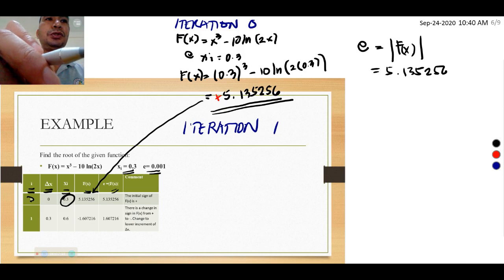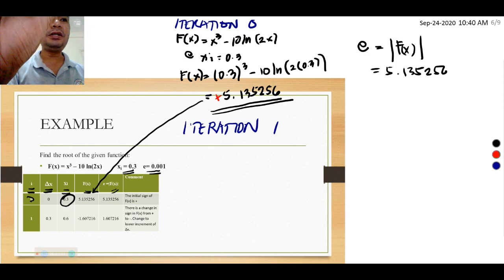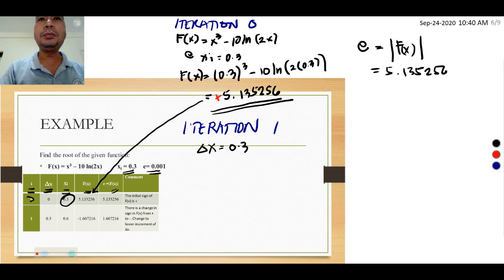So for iteration 1, our delta x is now changed to 0.3. So our delta x here will be equal to 0.3. That will be our change in x from 0 to 0.3. But what is the value of xi?